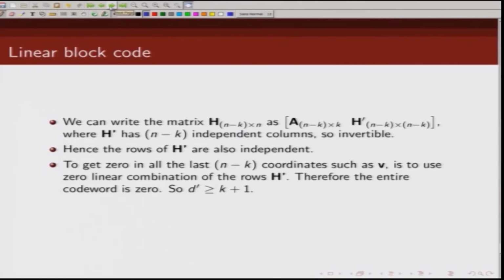Now, remember what we said about our code word v. We said that in our code word v, at most the first k bits are 1. So, these first k bits can at most be 1, and the remaining n minus k bits are all 0.